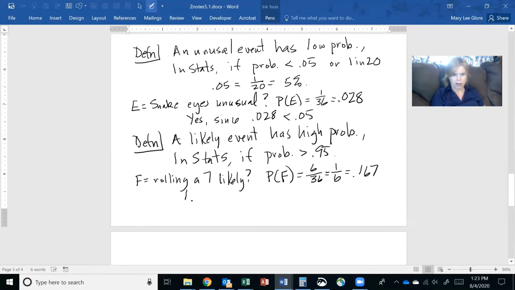So no, it's not likely. And that is since 0.167 is way less than 0.95. So we wouldn't call it unlikely either, because it's bigger than 0.05.